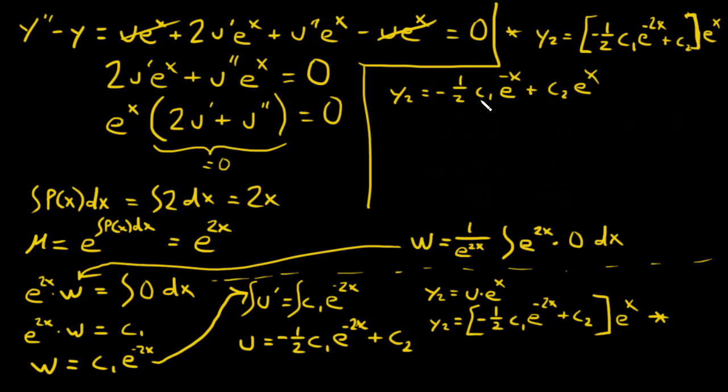This is a solution that is generalized. It is a family of solutions that we won't know what the specific particular solution is until we have initial conditions that we can plug in to solve for C1 and C2. But it should work for any C1 and any C2.